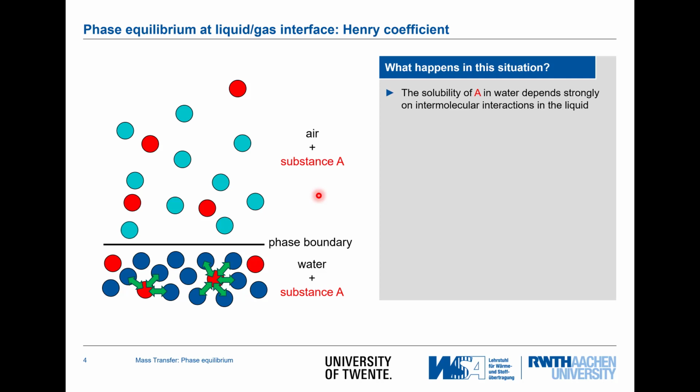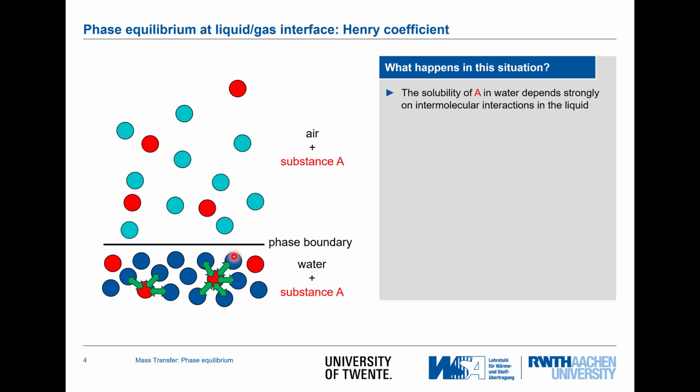First, I would like to explain why we might have a difference in concentration of substance A in the liquid and the gas phase. How much we can dissolve, for example CO2, depends on the nature of the liquid, the pressure, and in short, the intermolecular forces or intermolecular interactions that determine that.